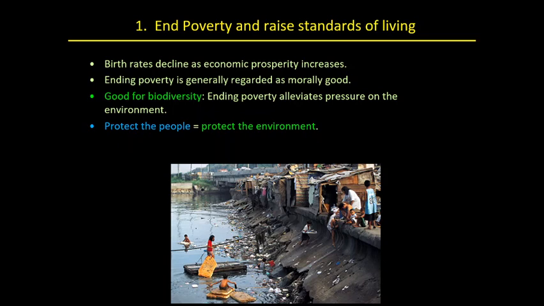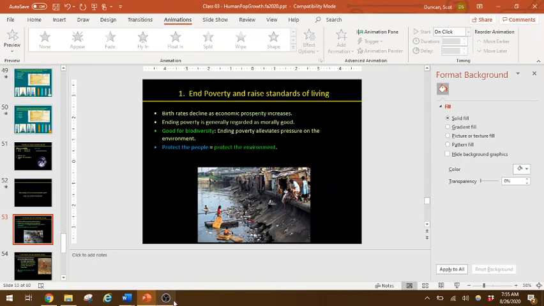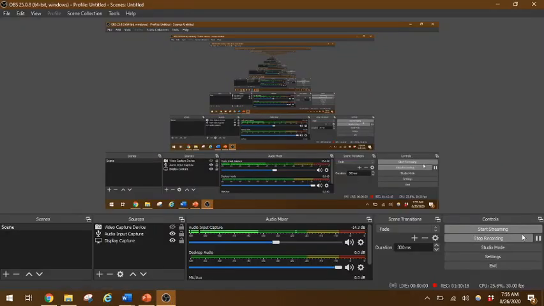When you don't have economic security, you are not so worried about the long-term sustainability of your environment, because you don't have the luxury of worrying about that. You're more worried about surviving day to day. So when you protect people, when you help people, you're also helping the environment. Social issues are just as important as the environmental issues.